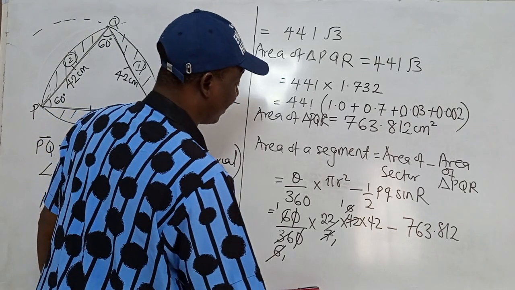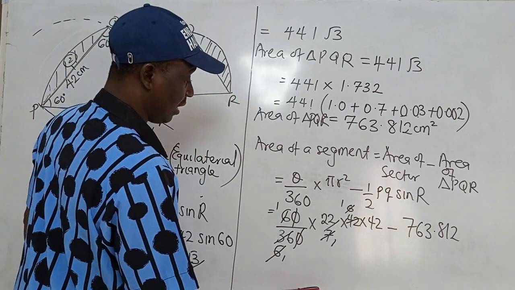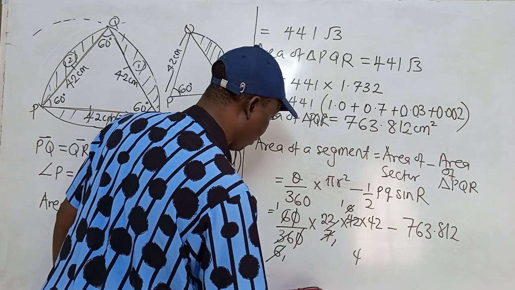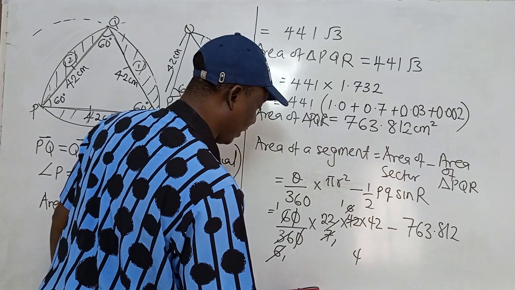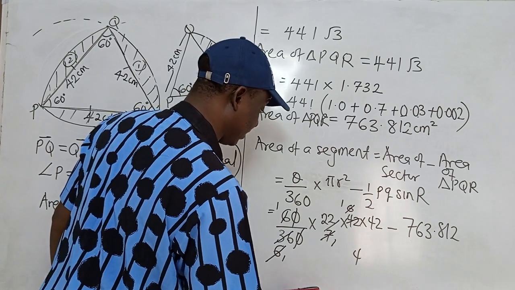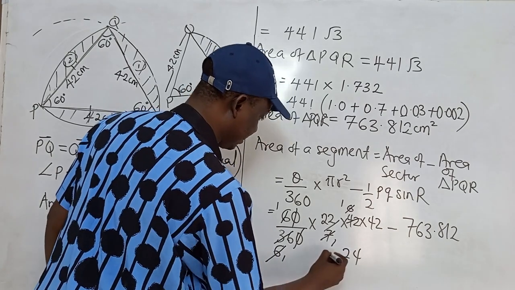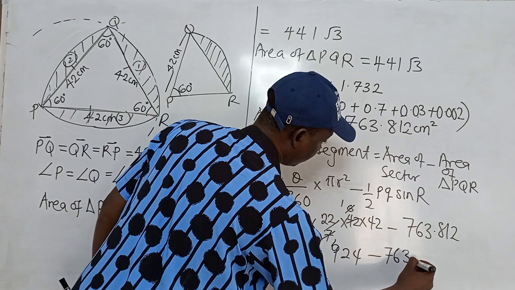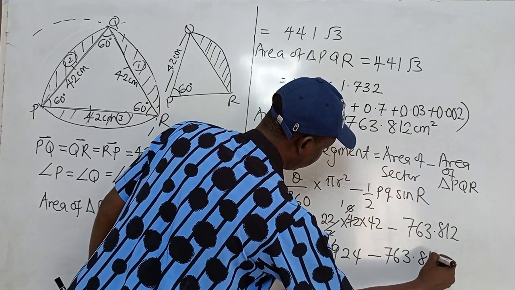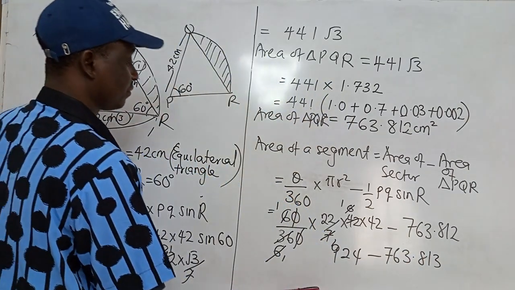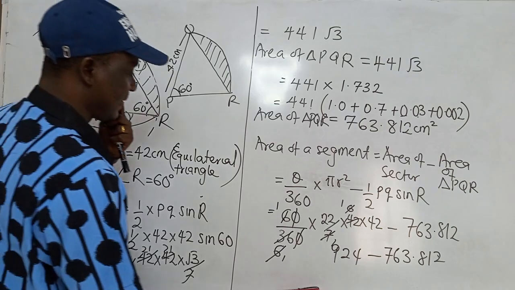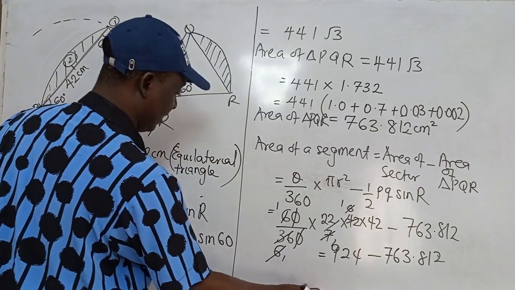So we have 22 times 42 times 42 over 6 times 7, which gives 924, minus 763.812.